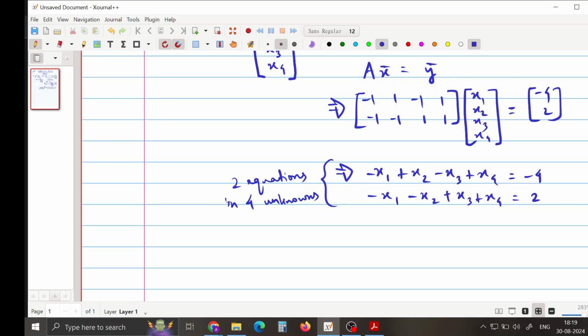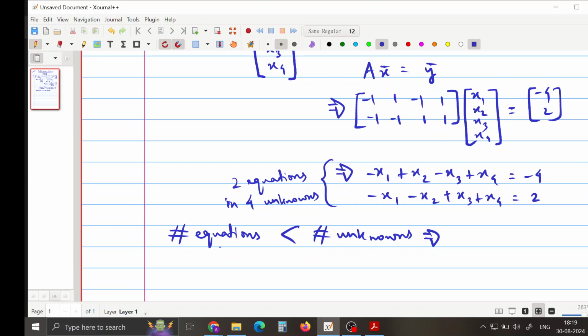So clearly my number of equations is less than the number of unknowns, and such a system of linear equations has got a name. It's called an underdetermined system.